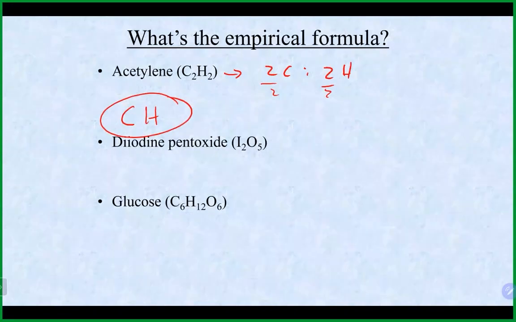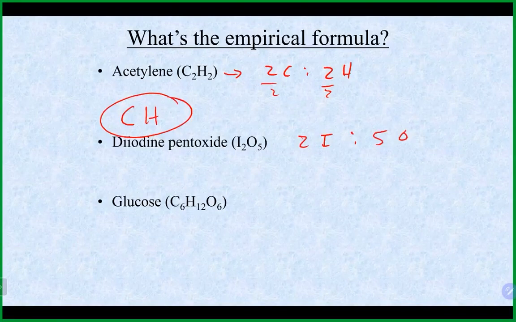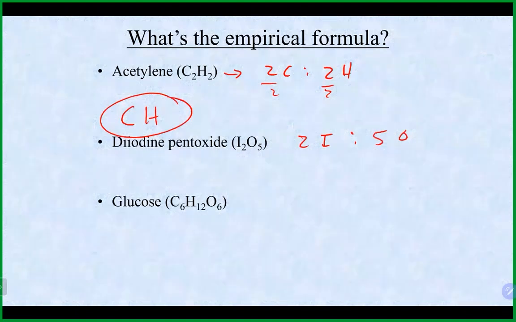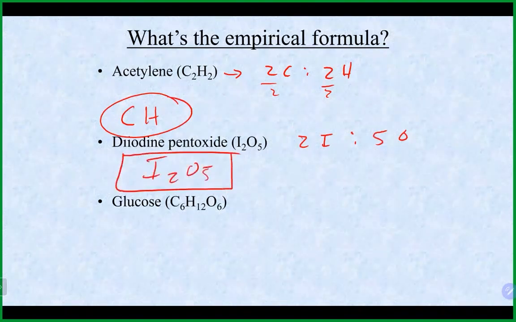Looking at the second one here, that is 2 iodines for every 5 oxygens. There's no way to divide that out and get a whole number, and a formula needs whole numbers for the subscripts, which means the empirical formula would be the same in this case as the molecular formula. Any questions on those two?